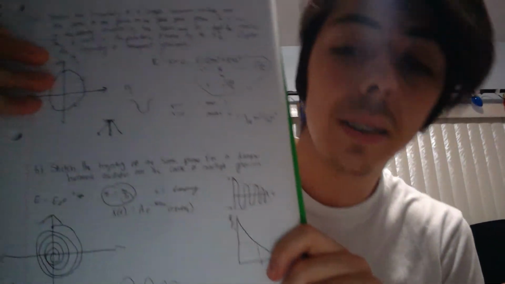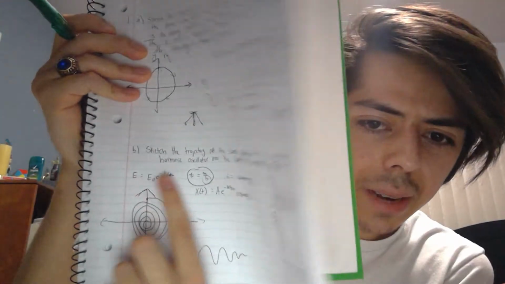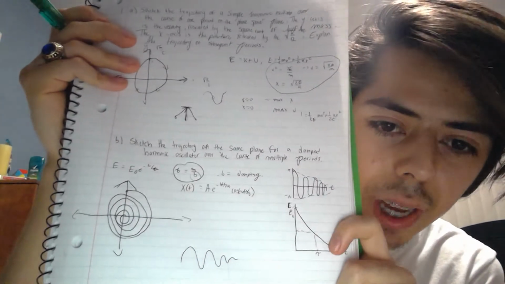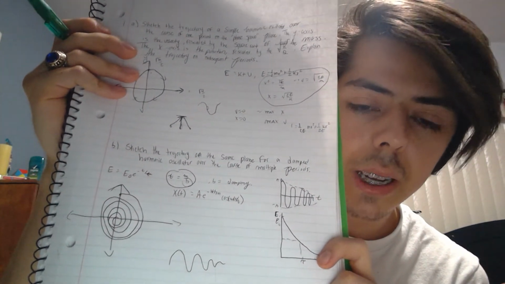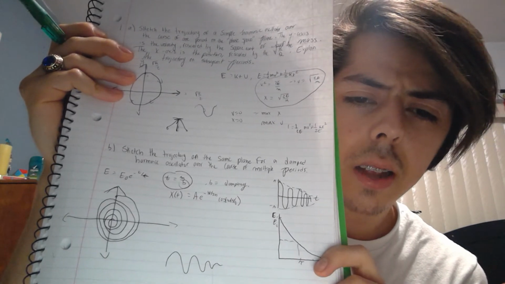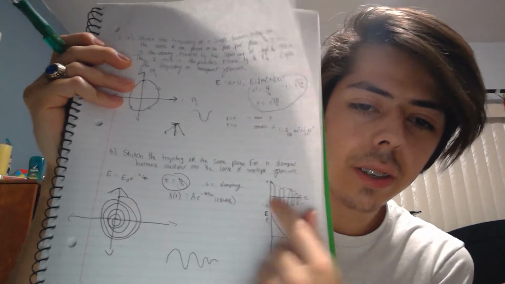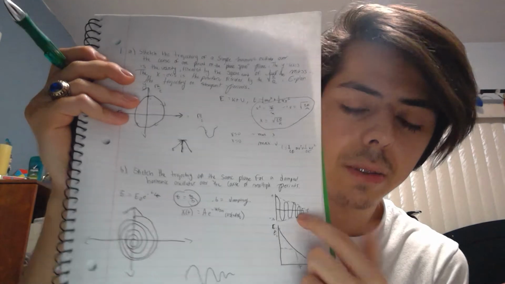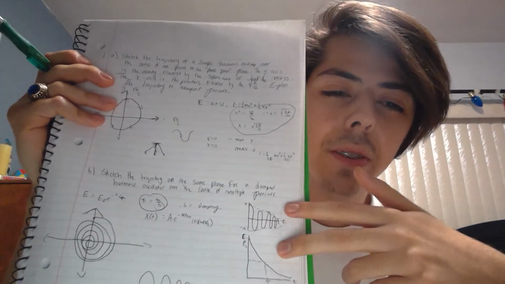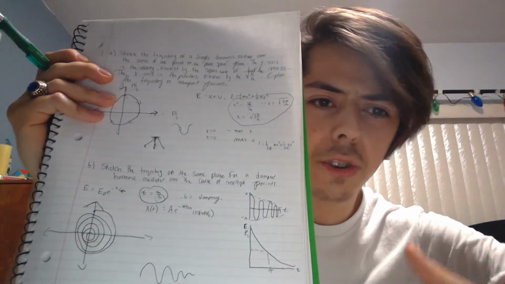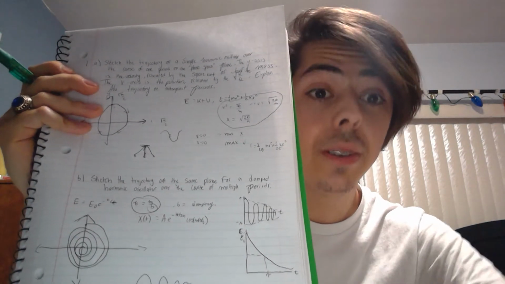You see where the time constant comes into play: it's t over the time constant, in the exponent of the exponential. This equation is used for this graph showing your amplitude, and it shows how energy and amplitude are related. So the more damping you add, the less energy you get, and you start going down.